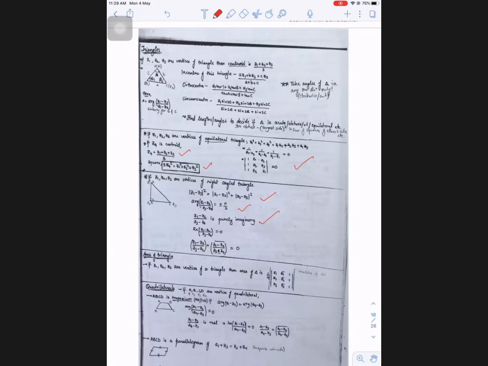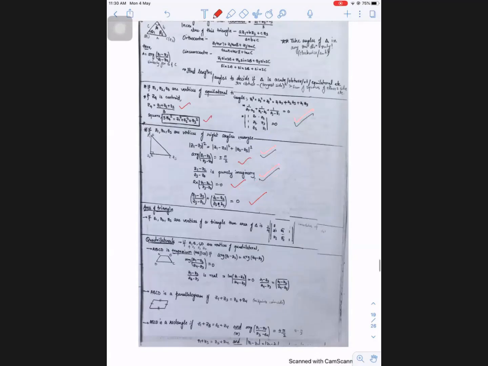So (Z1 − Z2)/(Z3 − Z2) plus its conjugate equals 0. This is the right angle triangle condition. Area of a triangle formula we already discussed. These are the triangle results.